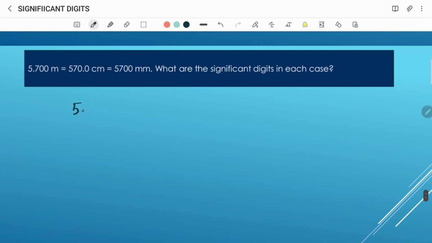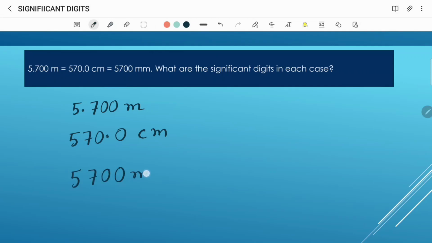Look into this example, 5.700 meter. Next, they are giving us 570.0 centimeter, and the other example is 5700 millimeter. I have already told you that the zeros after the decimal point will count as significant figures.